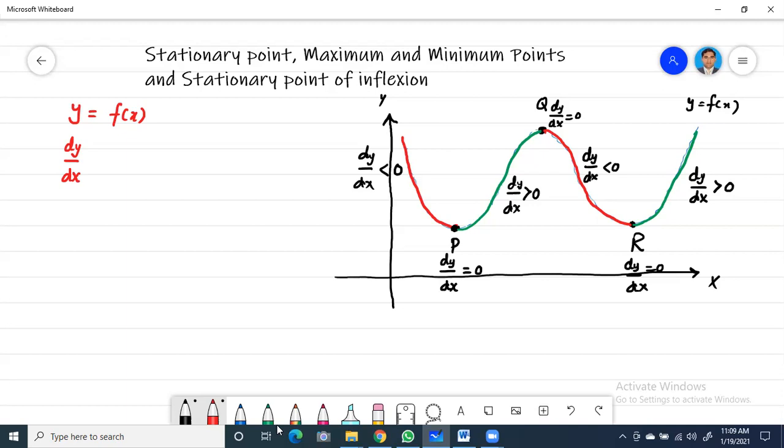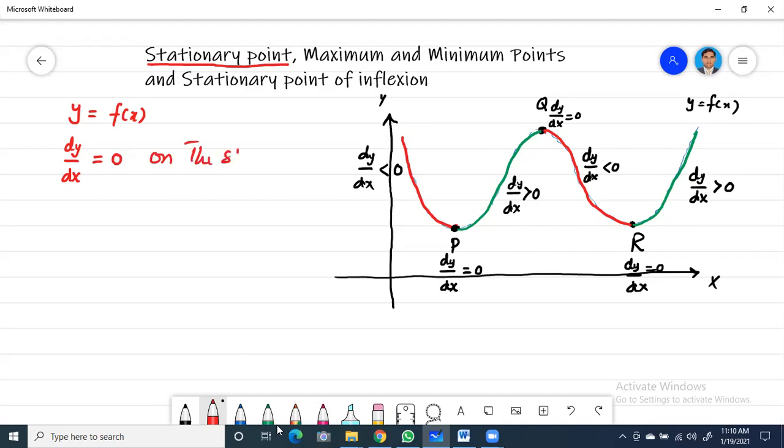Now here you can see that at all the turning points, the gradient is 0. Where the gradient is 0, dy by dx is 0, that will be the turning point or the stationary point on the curve. This stationary point, or turning point, is where dy by dx will be 0.